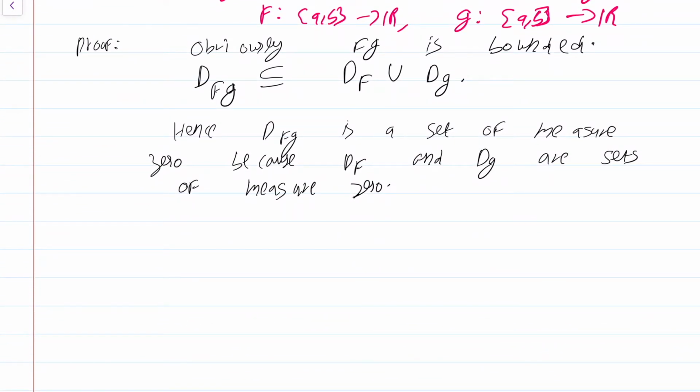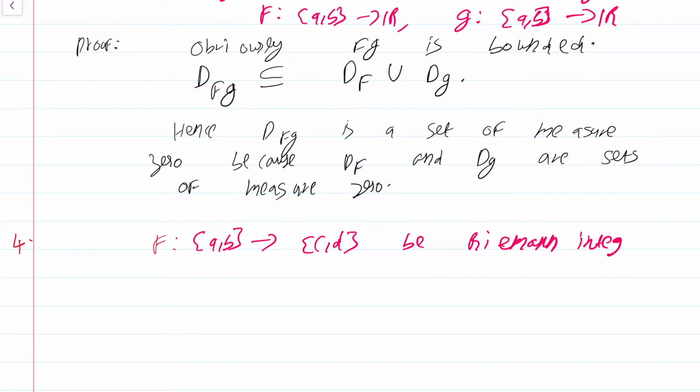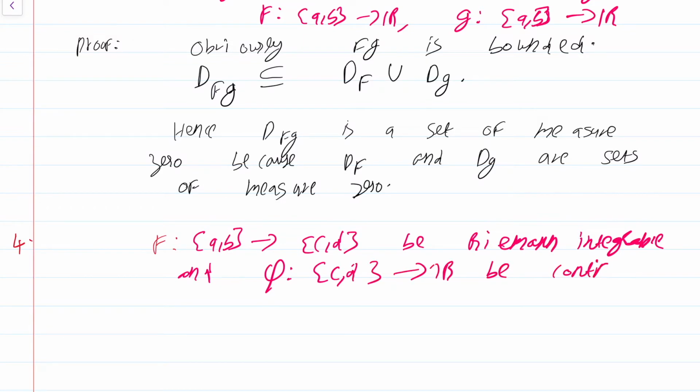Let's see the next corollary. The next corollary is somewhat involved. Let f from [a, b] to [c, d] be Riemann integrable, and phi from [c, d] to R be continuous.